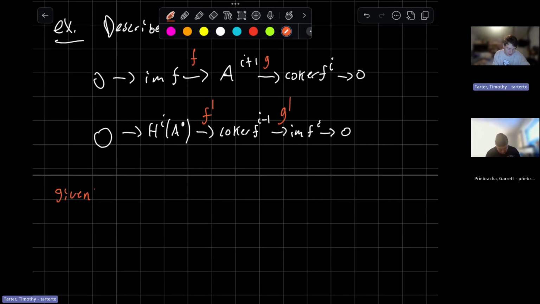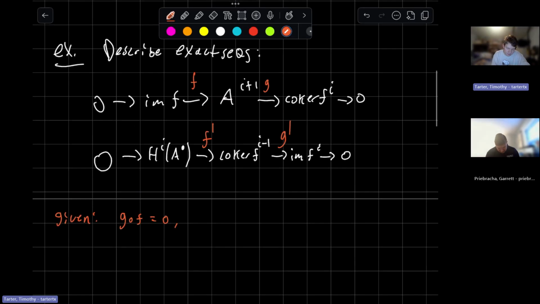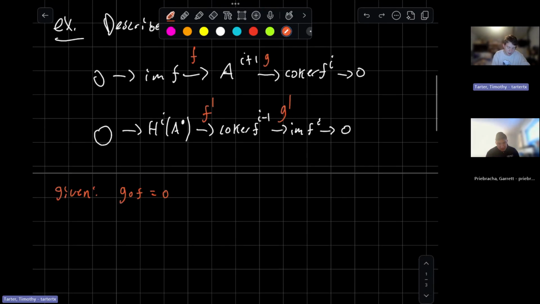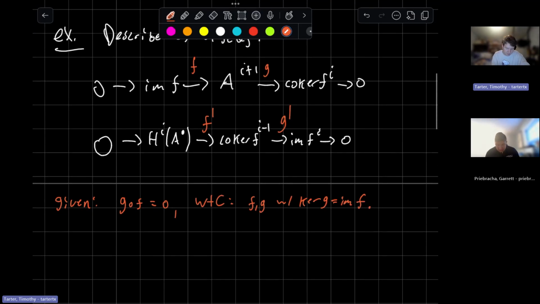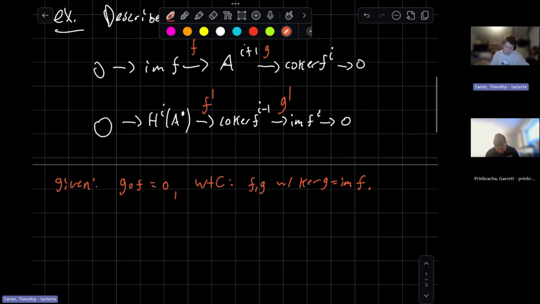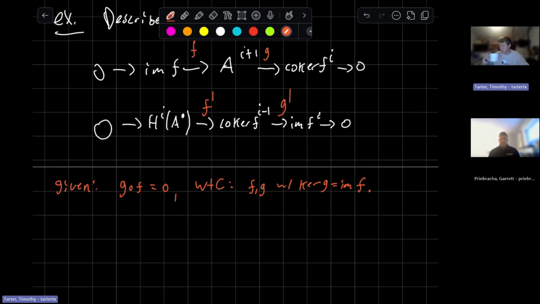So we are given that G composed with F is equal to 0. And we want to construct F, G with ker G equal to im F. And then the same holds for F prime and G prime.